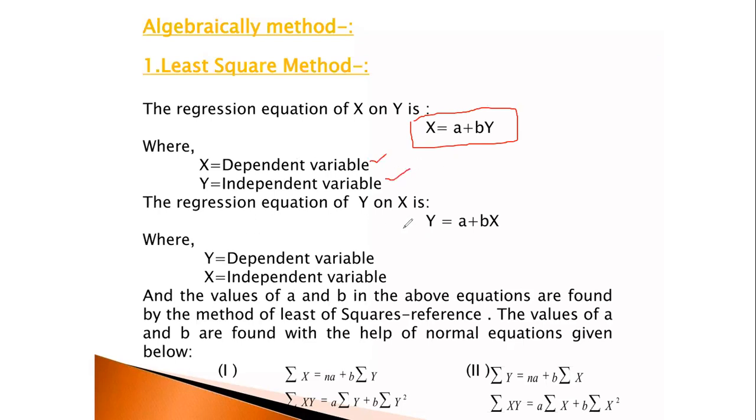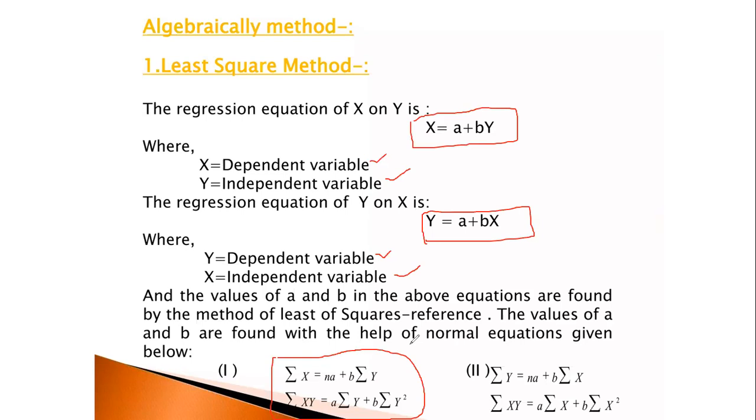Similarly, if it is y on x, then the equation will be like this: y is equal to a plus bx. So here y is called the dependent variable, x is called the independent variable. Based on this, the values of this equation you have to estimate. Sigma x is equal to na plus b sigma y.